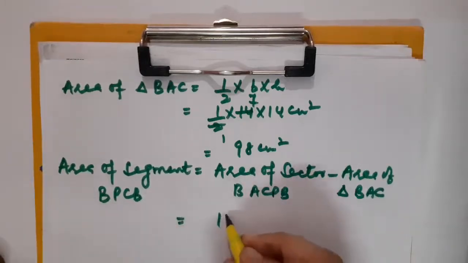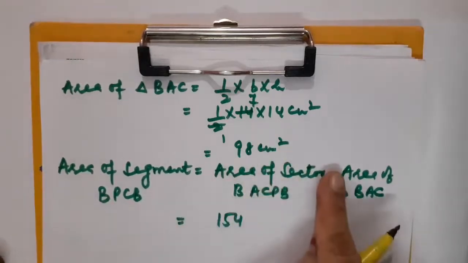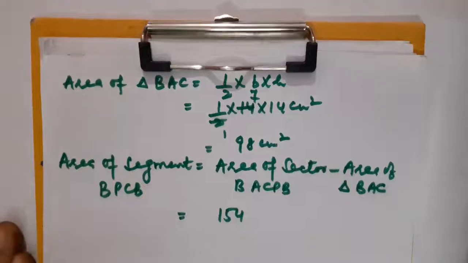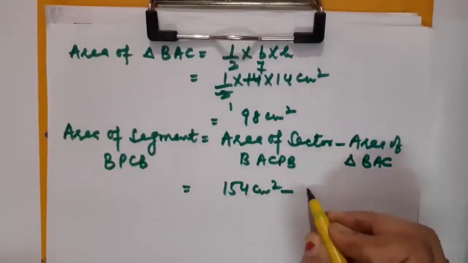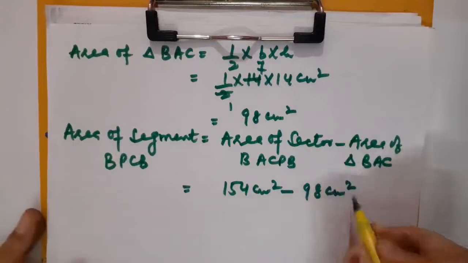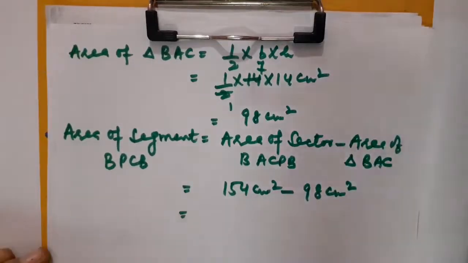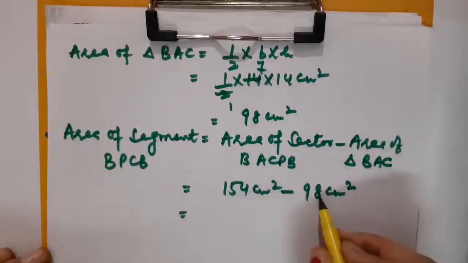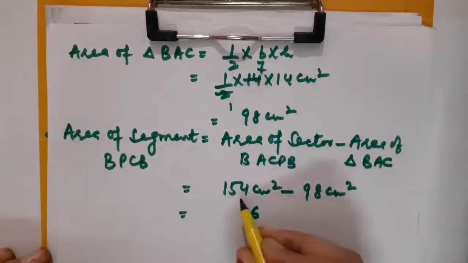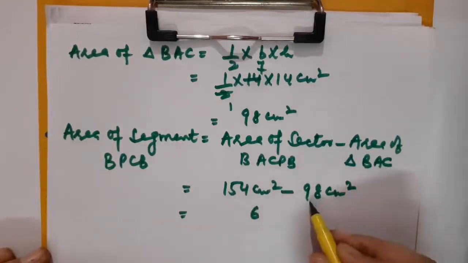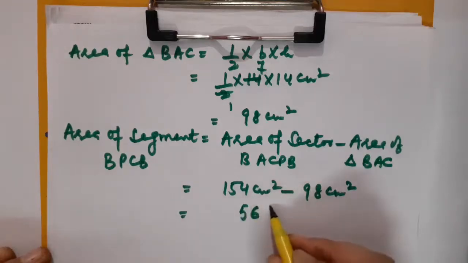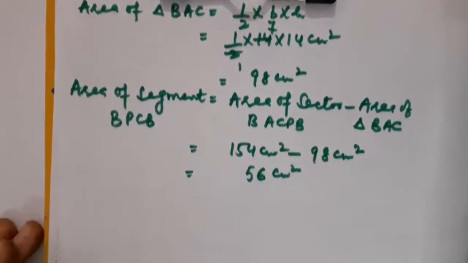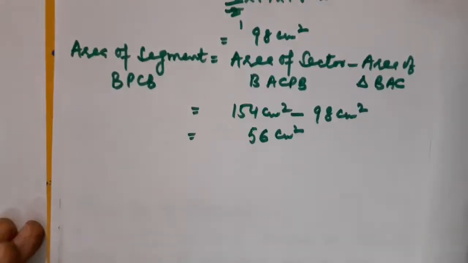What was the result after getting the area of the sector? That was 154 centimeter square minus 98 centimeter square. So 14 minus 8 is 6 and 14 minus 9 is 5. 56 centimeter square. Correct? This is the area of the segment.